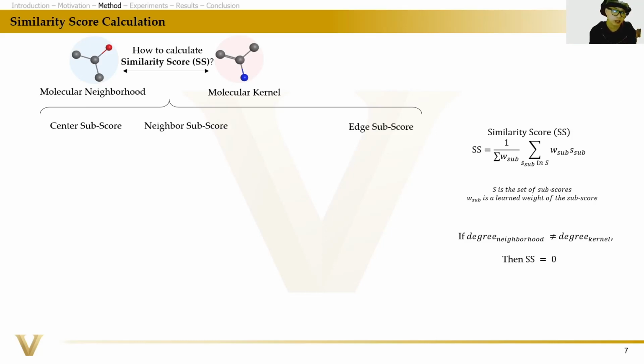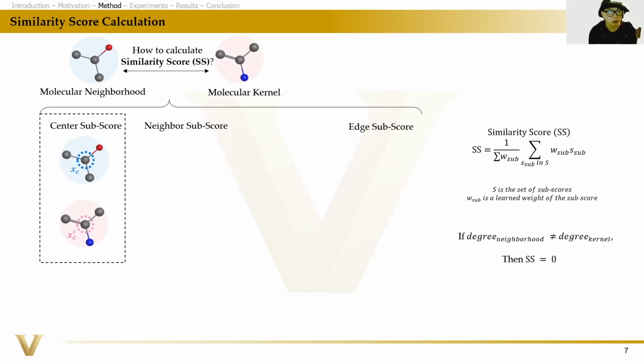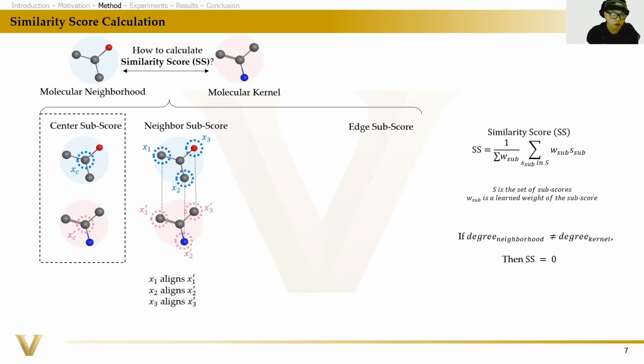Now let's look at these subscores. First, for the center subscore, we compare the similarity of the center node in both the neighborhood and the kernel. Secondly, for the neighbor subscore, we first align the neighbors and compare the similarity of the neighbors.